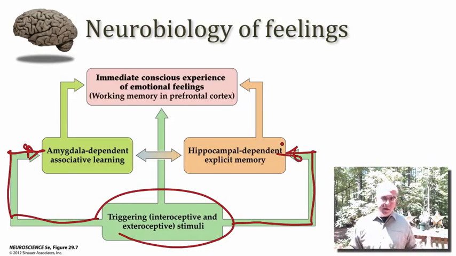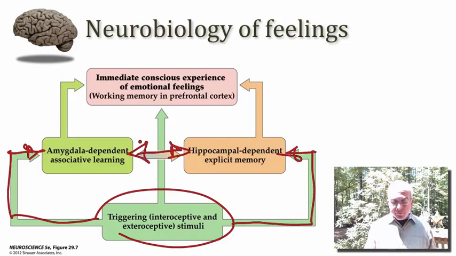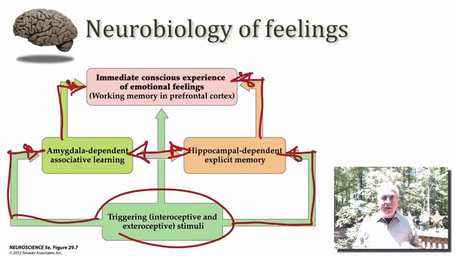And together, the implicit and the explicit will interact in interesting ways between amygdala systems and hippocampal systems, but they will also influence our prefrontal networks. And it's there in the prefrontal cortex that we will have an immediate conscious experience of our emotional feelings.